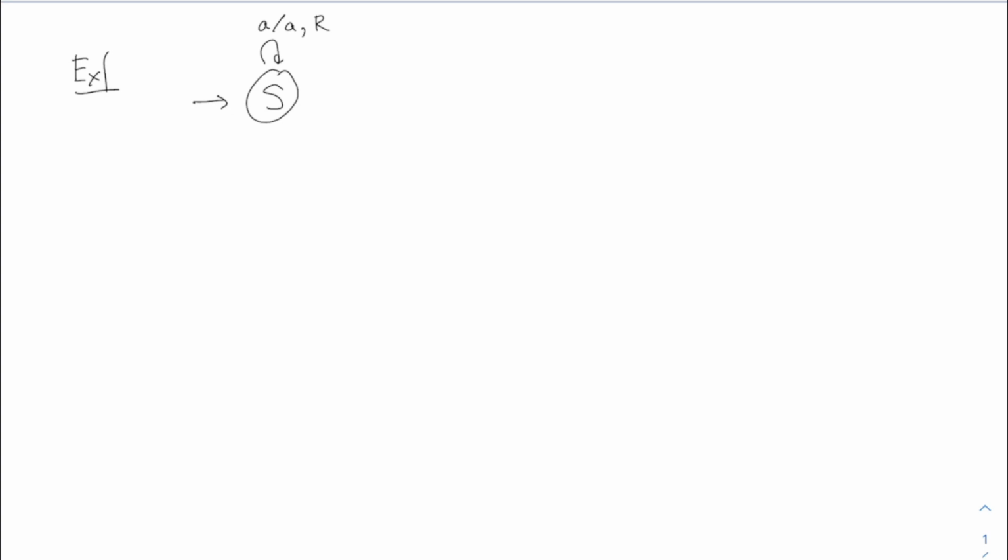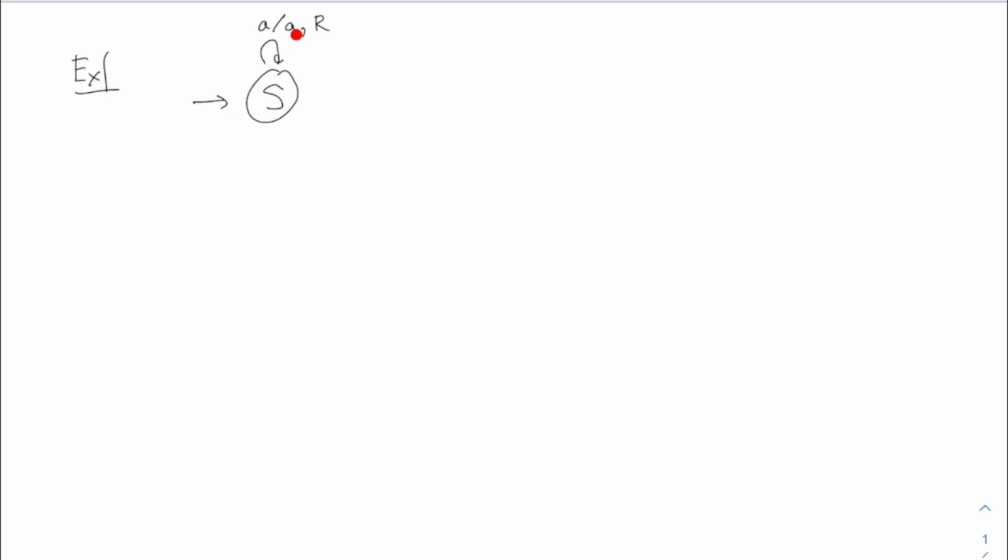A/A, R. So that means that if you're in state S, you can go back to state S. If you see A on the tape, you replace it by A on the tape, and then you move the head to the right. So what you see in one of these labels is the read. If on the tape you see A, then this is the write.